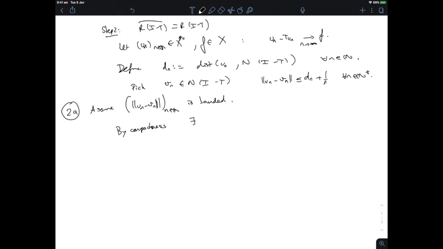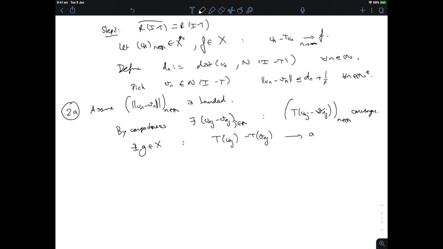So there exists a subsequence u_nj minus v_nj such that T(u_nj minus v_nj) converges. Let's give a name to the limit. So let's say there exists a g in X such that T u_nj minus T v_nj tends to g as j goes to infinity. Now remember that my v_nj is in the null space of I minus T, so T v_nj is actually just v_nj.